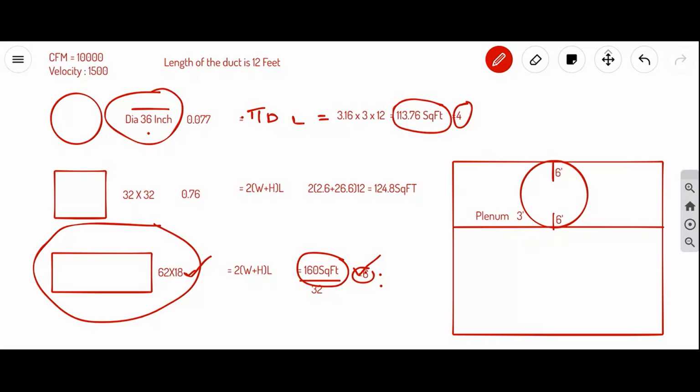The thickness of the sheet is defined by using the width of the duct. The width of the duct defines the thickness of the sheet.